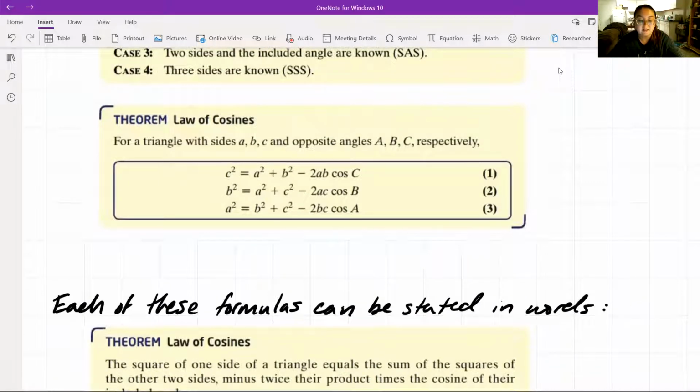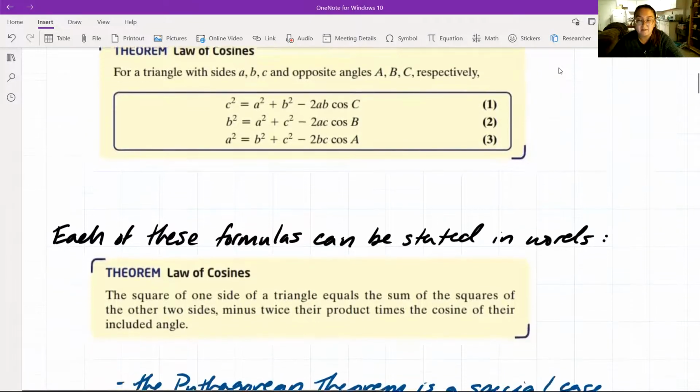So if we look back here, we see that our lowercase c corresponds to uppercase C, lowercase b corresponds to uppercase B, lowercase a corresponds to uppercase A. So those are those differences in solving for the angles. And then we just have the sum of squares of the other two sides minus twice the product of those other two sides times the corresponding angle.